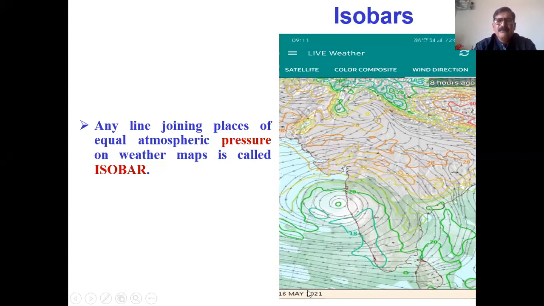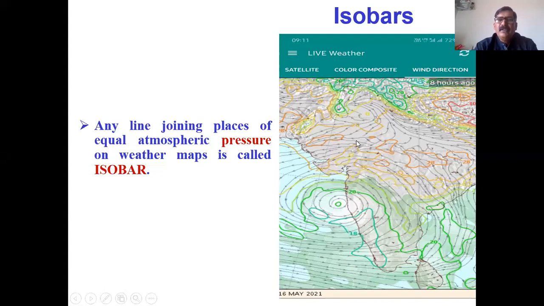This is a picture downloaded from the net, and this is the cyclone which we have recently experienced. In May 21 there was a disaster cyclone that we experienced, and this is the picture.